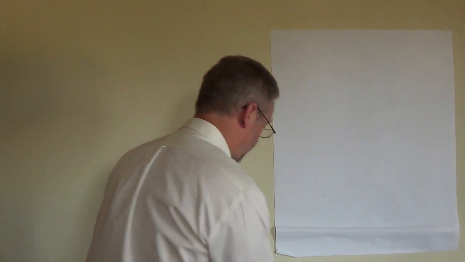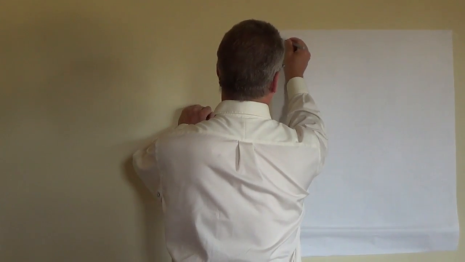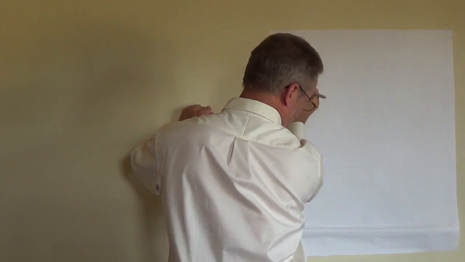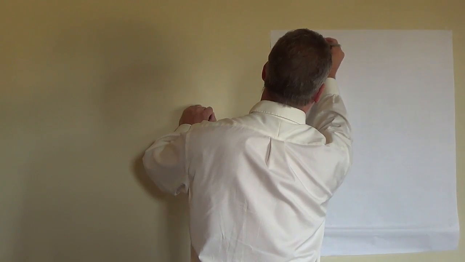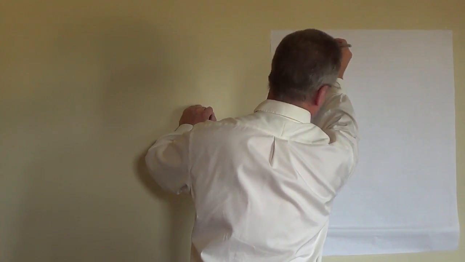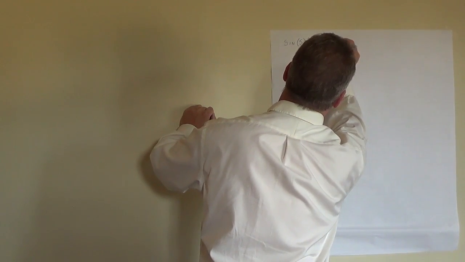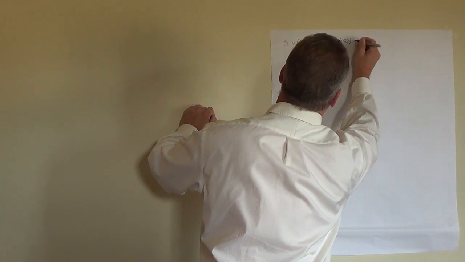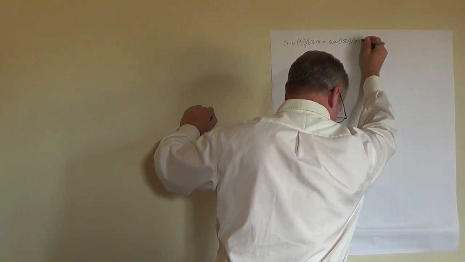Now, substituting some values and moving some terms around, we get this. The sine of S over 6,378 is equal to the sine of 150 over 7,248.